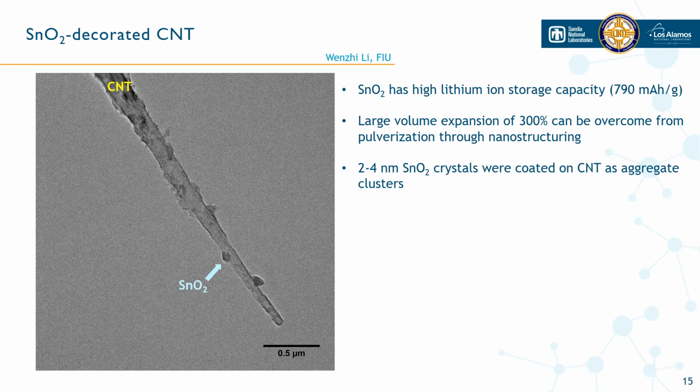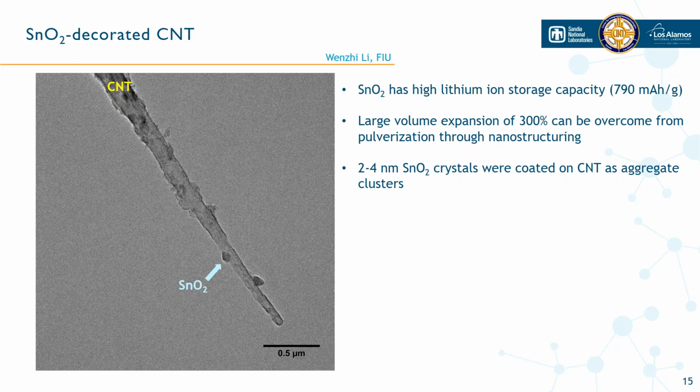Okay, here we have a different kind of structure. These are very small tin oxide aggregates of nanoparticles that are decorated on top of a carbon nanotube. It's known that tin dioxide has a very high storage capacity, but there's also a large volume expansion.